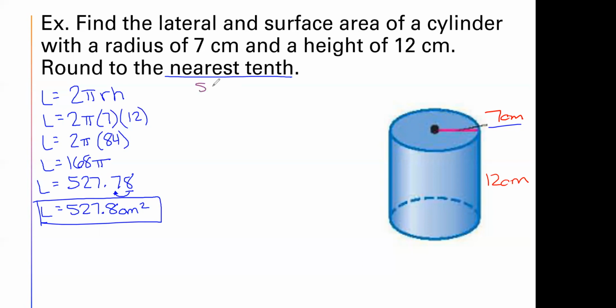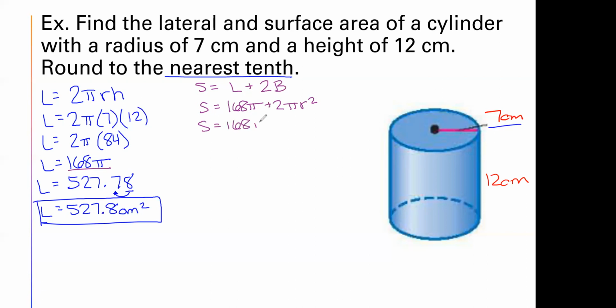Now for the surface area, you take the lateral area and add 2 times the area of the base. So we just found the lateral area, and I'm going to use this 168 pi, because this is a decimal approximation, and I want to get a little bit more exact answer here, okay? Plus 2 times the area of the base, which is pi r squared.